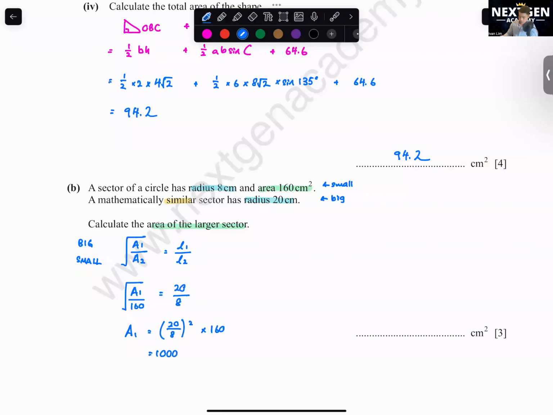Your answer you'll get is 1000 cm squared. Just a reminder, similarity type of question, we just use this. Length 1 over length 2 equals area 1 over area 2 equals volume 1 over volume 2. This one will square root. This one you'll use cube root.